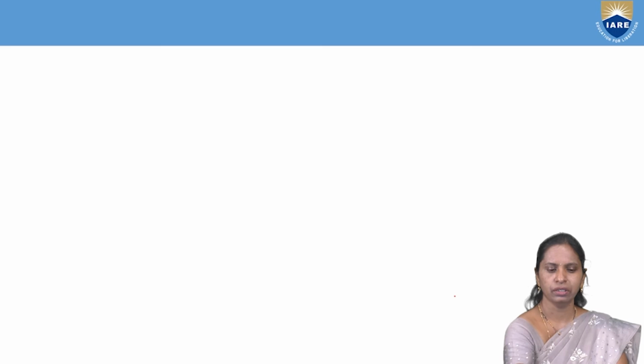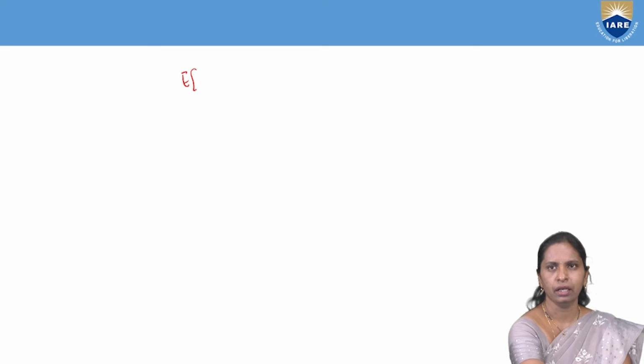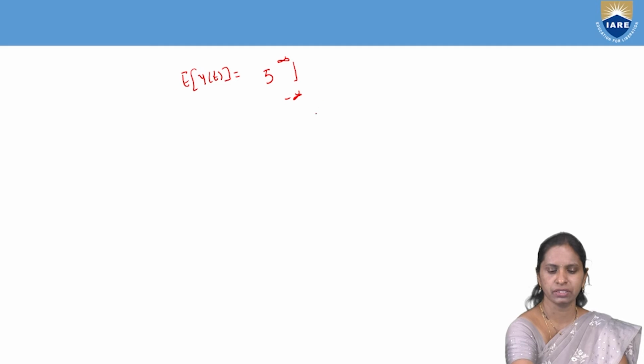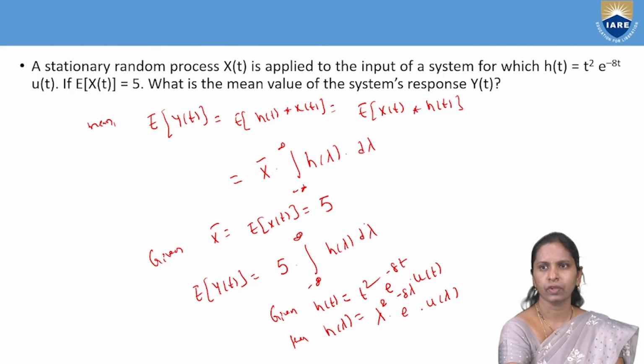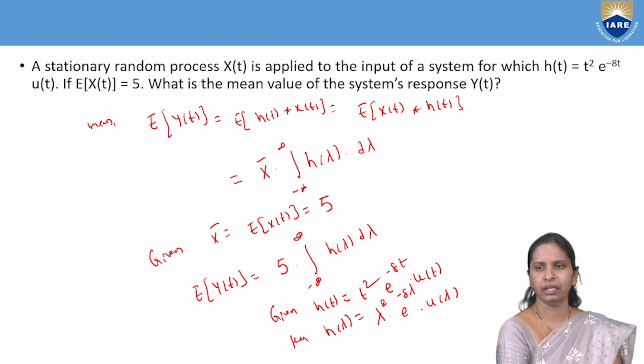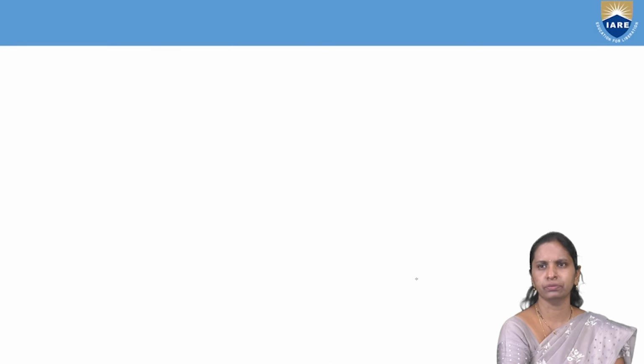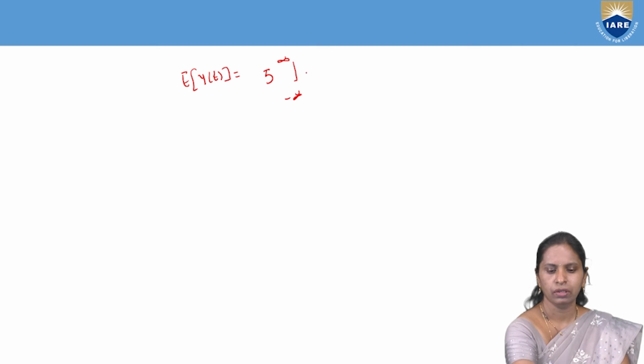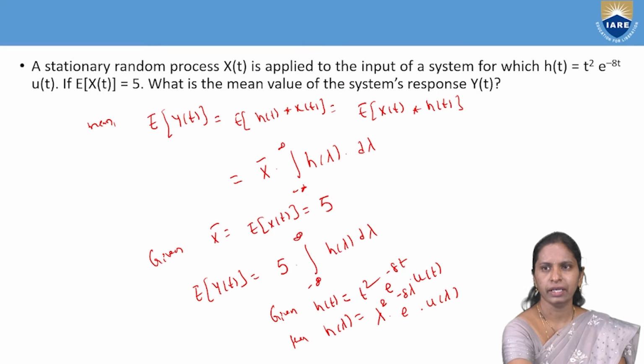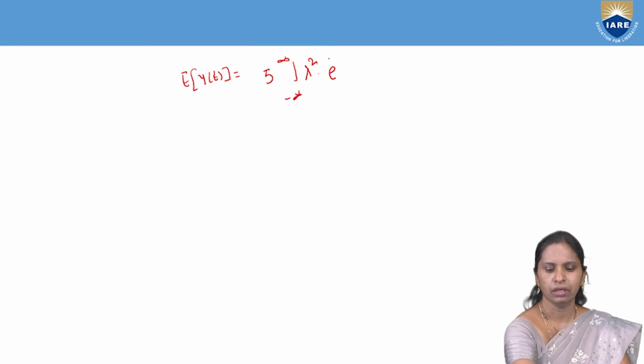Now you substitute the equation. Then the mean value of the response of the system is 5 times the integration from minus infinity to infinity of h of lambda. What is h of lambda here? Lambda square e power minus 8 lambda u of lambda d lambda.